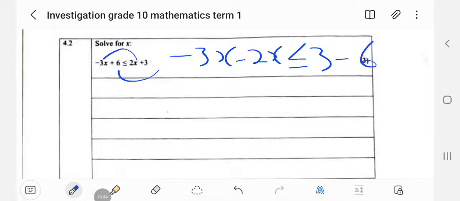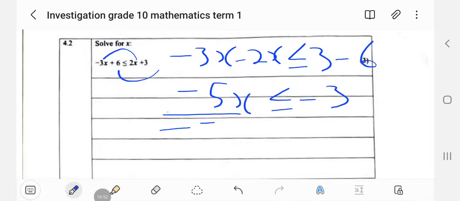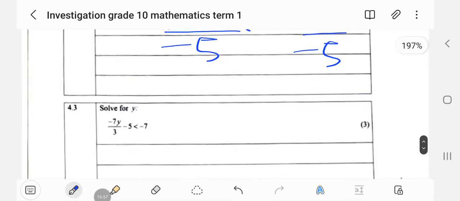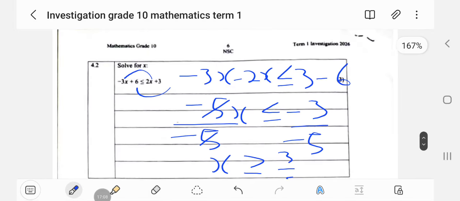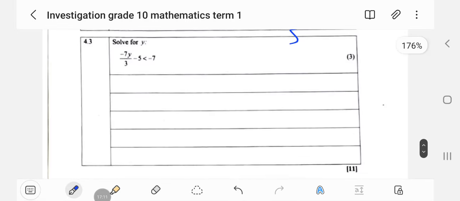Minus 3 minus 2 is minus 5x, with the inequality there. 3 minus 6 is minus 3. Now when we divide by a coefficient that is negative, the sign has to change. Cancel the x, the inequality sign changes. So we have 3 over 5.